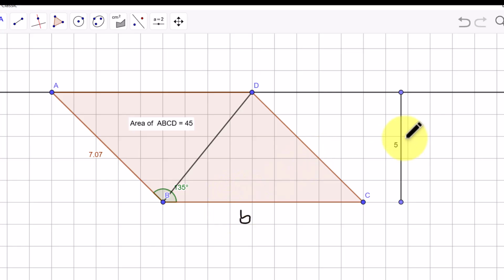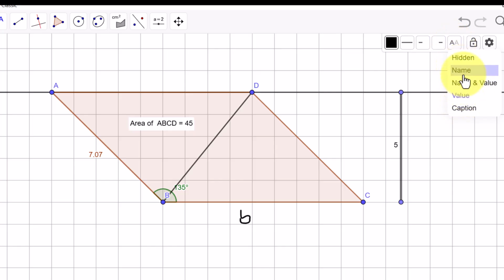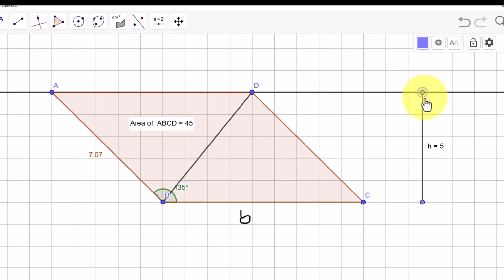And this one, we call the height. So let me label it from the system. Let me put the name and value, that is h. You can see that is the height. So the h is 5, so it will continue to maintain 5 as long as I move along this line.